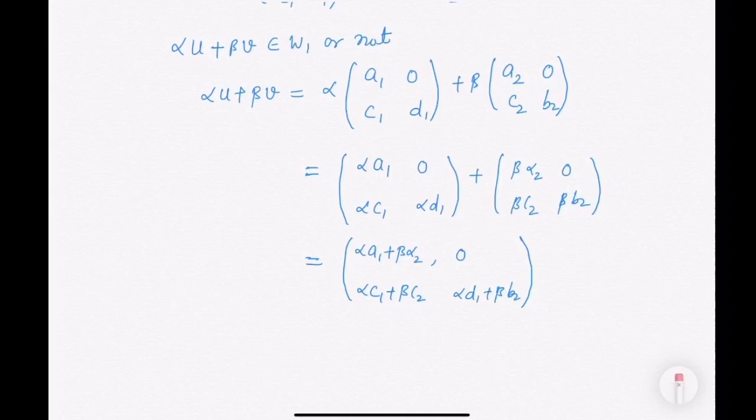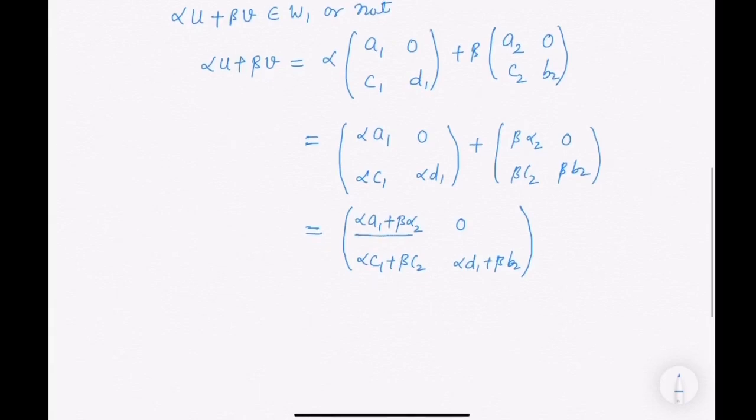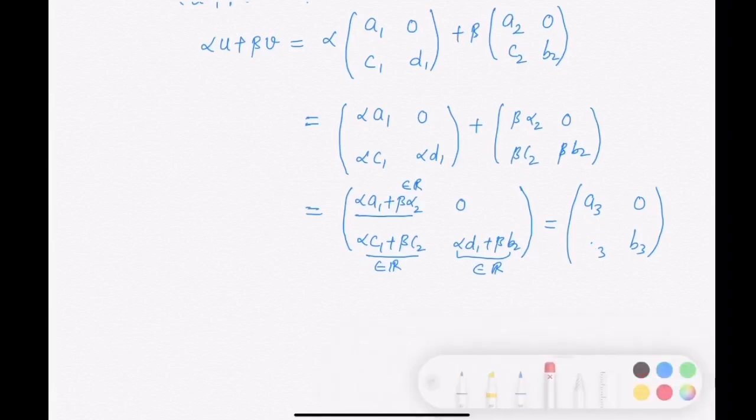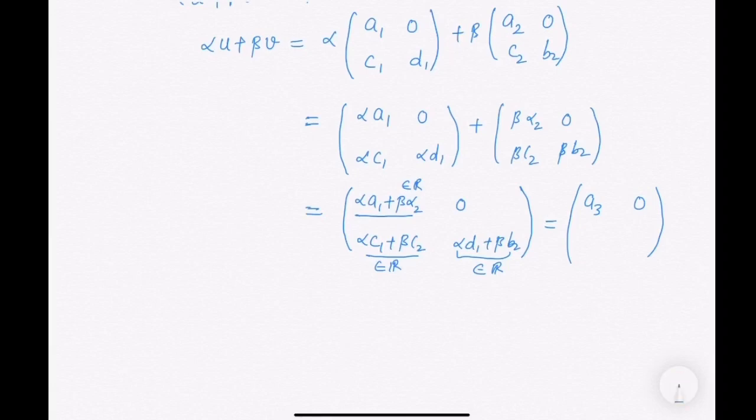Obviously there is no comma here. You can see these elements belong to R. So this is of type A3, 0, C3 and D3. So it belongs to W1.